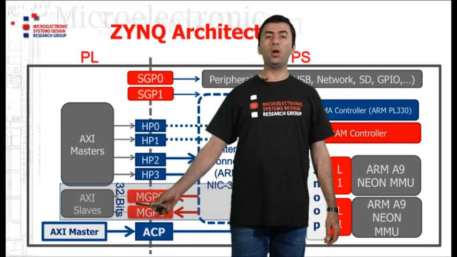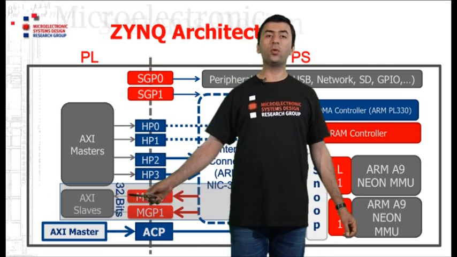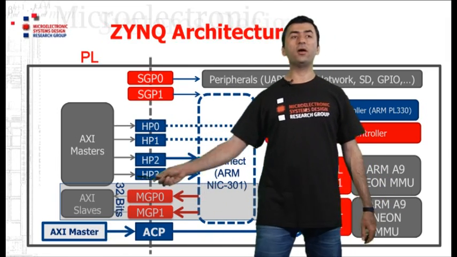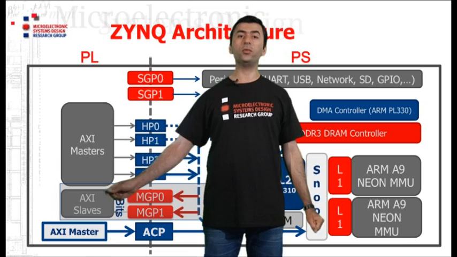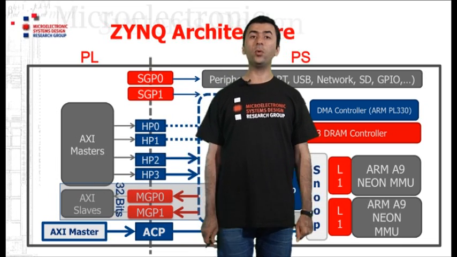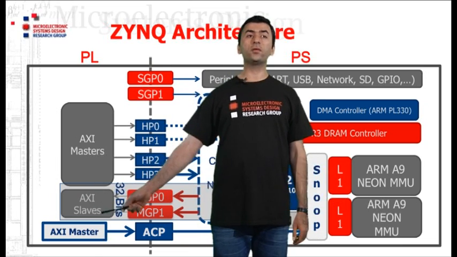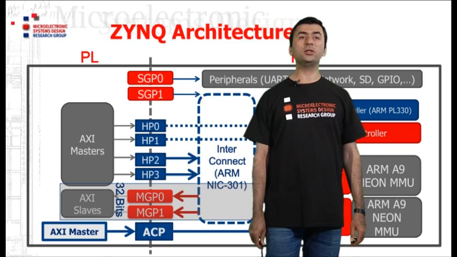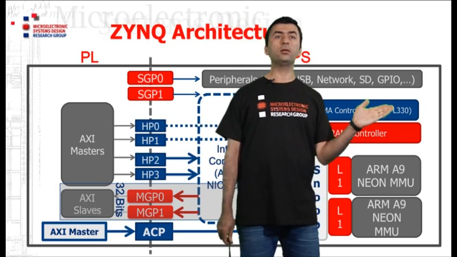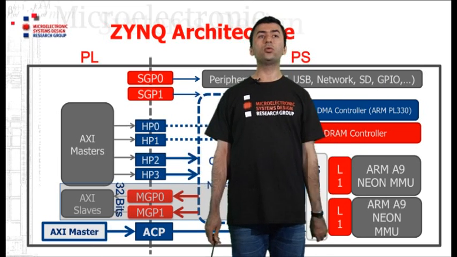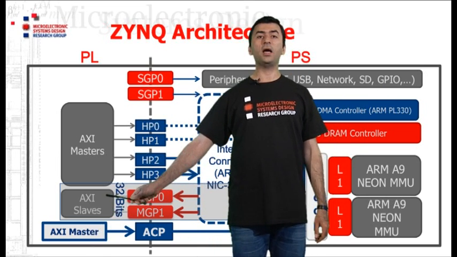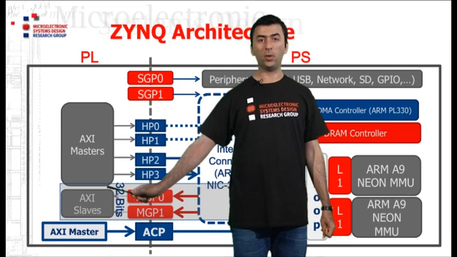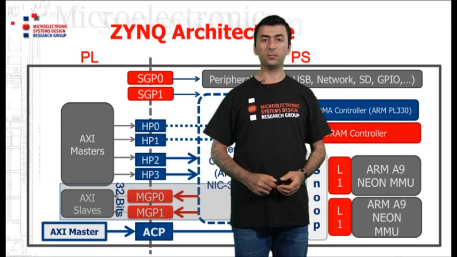These two ports are the main means of your ARM host to control the hardware that you have developed on the PL. So they are very important. Furthermore, these two ports are the main means of the DMA engine that you have here on the PS to perform reads and writes to the logic that you have developed on the PL part of the ZYNQ.